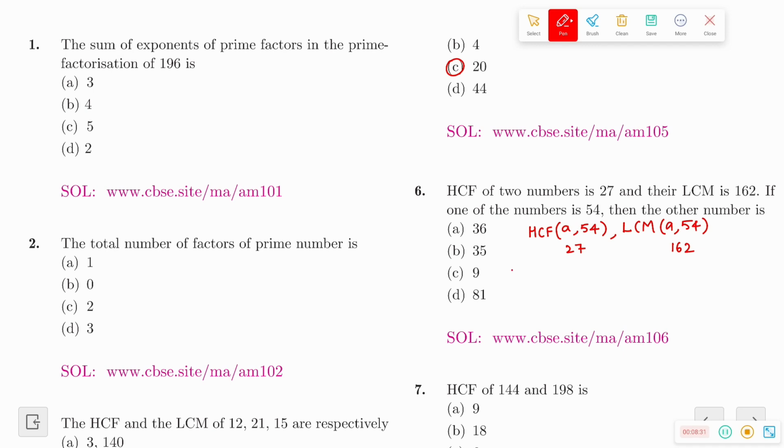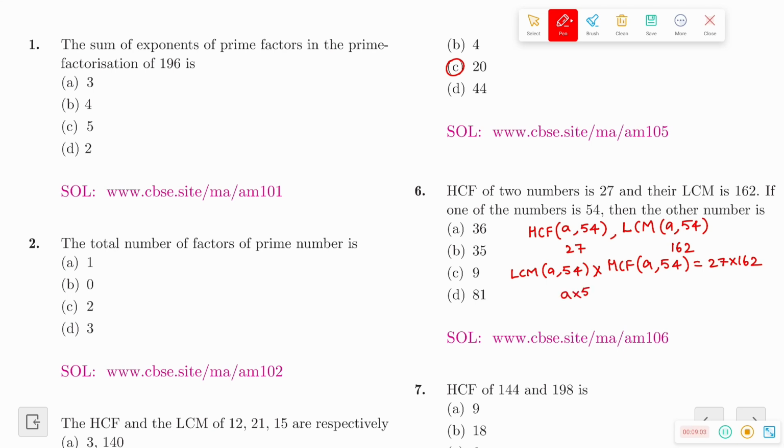We have a formula: LCM of A, 54 into HCF of A, 54 is equal to the product of the two numbers, 27 into 162. LCM into HCF is equal to the product of two numbers. We know that. The product of the two numbers is A into 54.